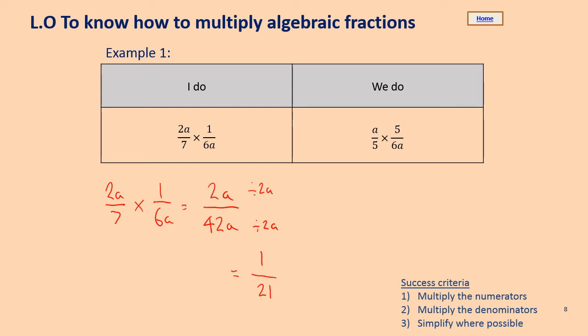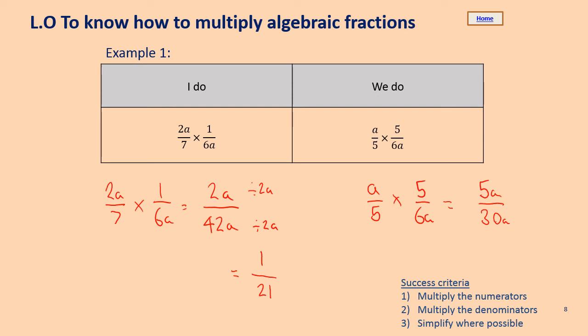Okay, so for the we do, a over 5 times 5 over 6a. Again, multiply the numerators, multiply the denominators, and then simplify. So a times 5 is going to give 5a. 5 times 6a is going to give 30a. And again, we've got a letter that can cancel out, and we've got numbers that can simplify it as well.